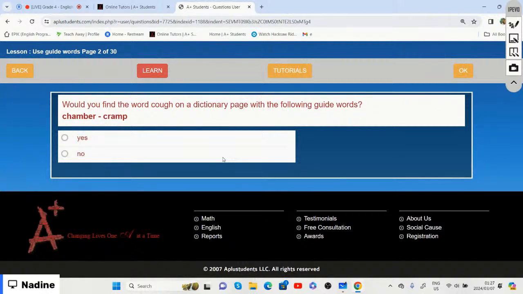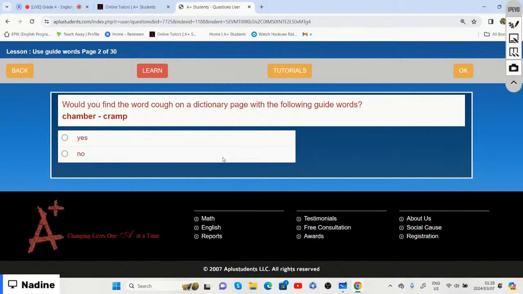So ship is correct. Would you find the word cough on a dictionary page with the following guide words? Chamber and cramp. All right.